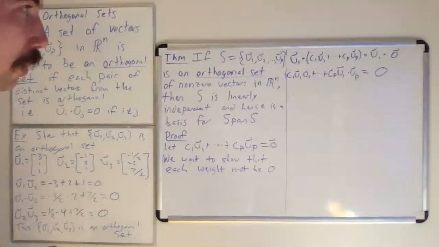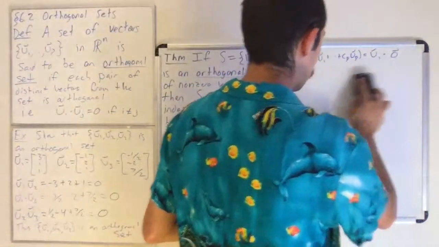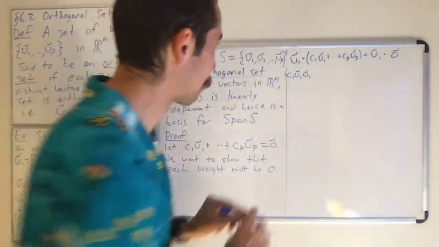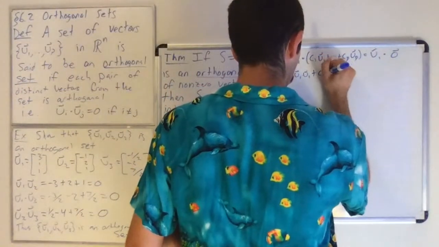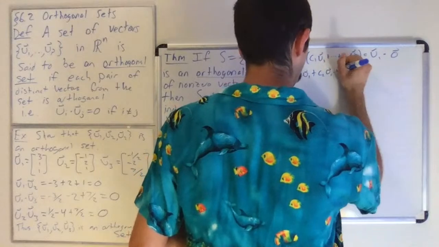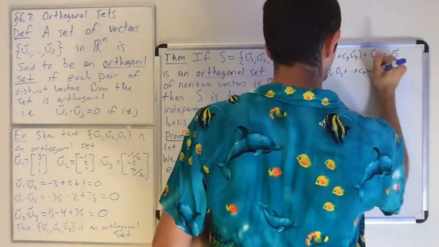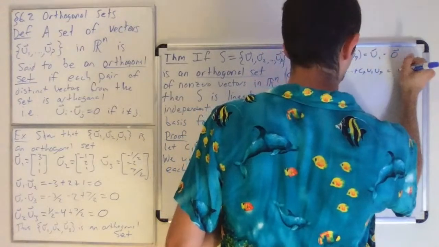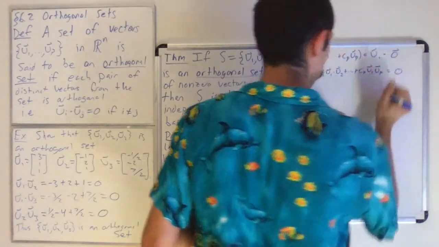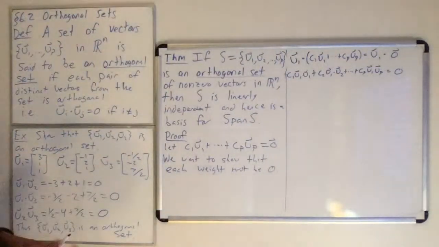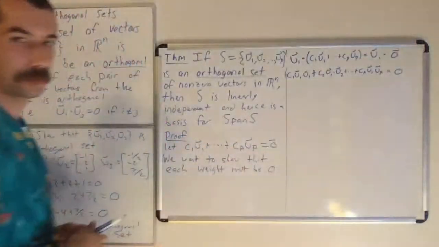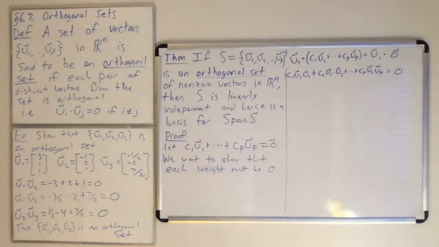Just for the purpose of clarity, let me rewrite this line and have a second term in there, just so we can have a few more terms. And this is a dot product.